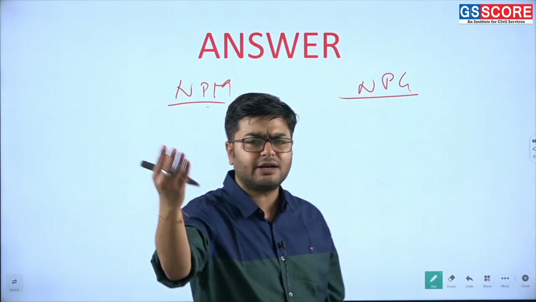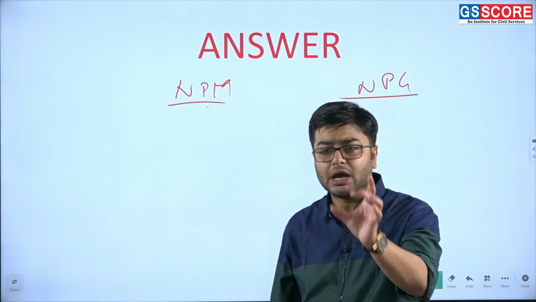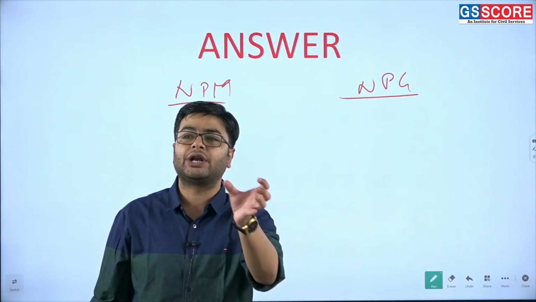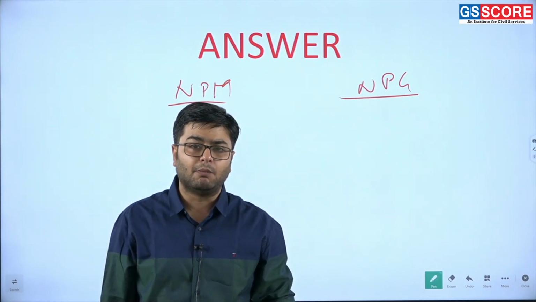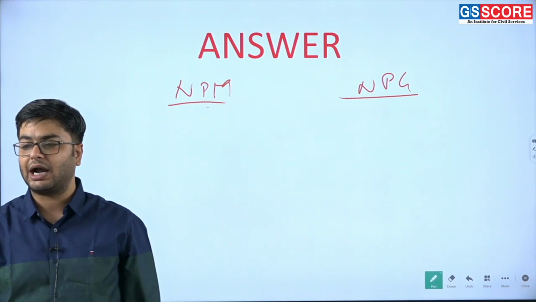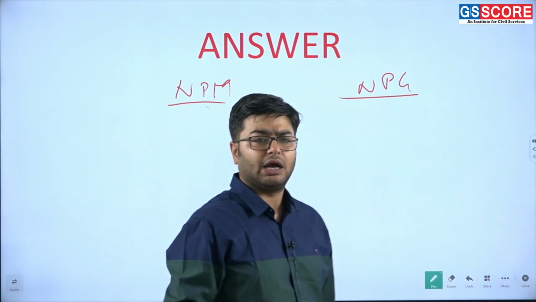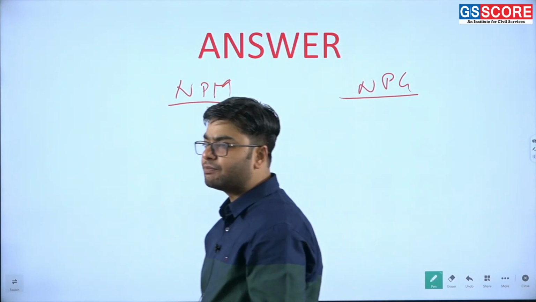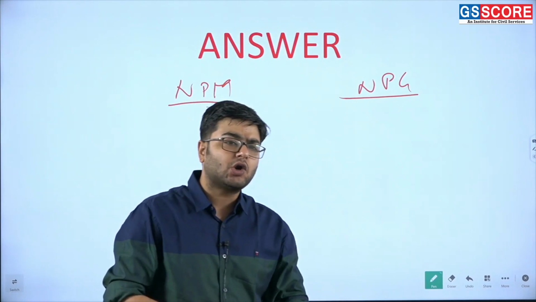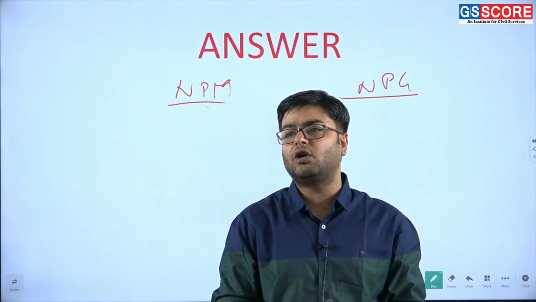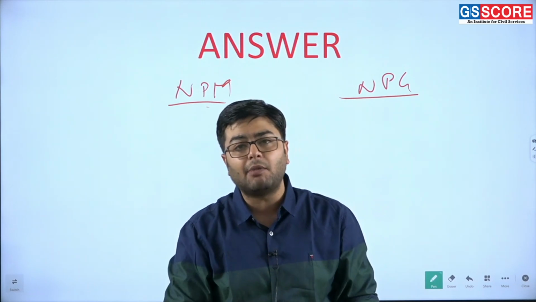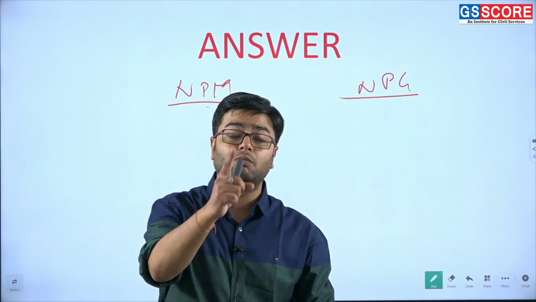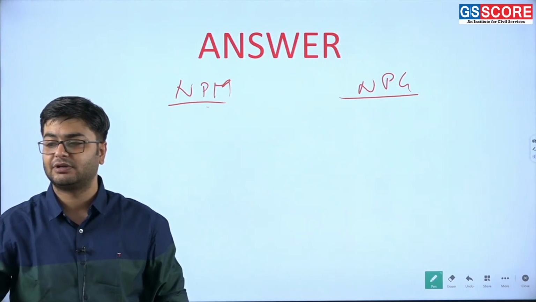The policy largely remained top down in NPM, whereas in NPG, it is a more negotiated, more bottom up, more consensus oriented idea, especially in the space of developmental goals and welfare. The new public governance has emerged not only as a tool of efficiency but also a tool of democracy, making public administration not just more responsible but also more responsive.